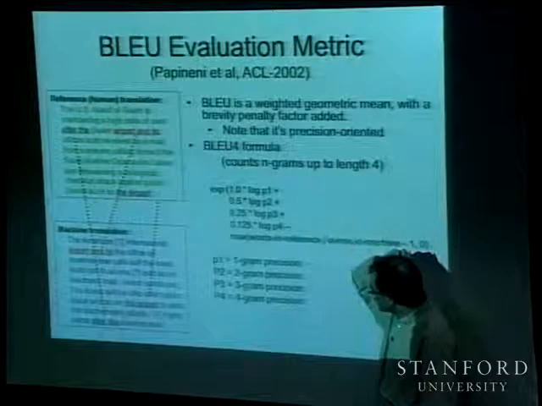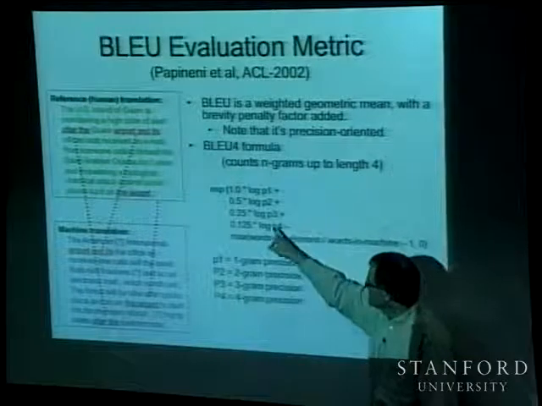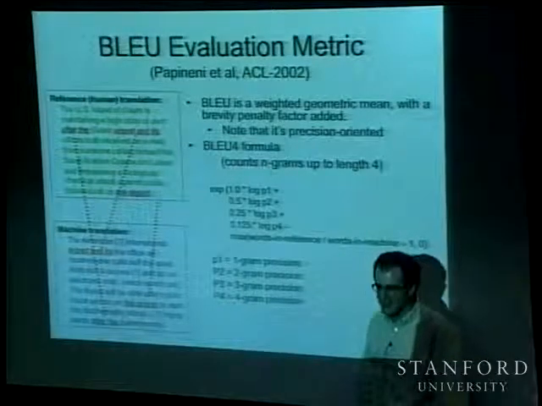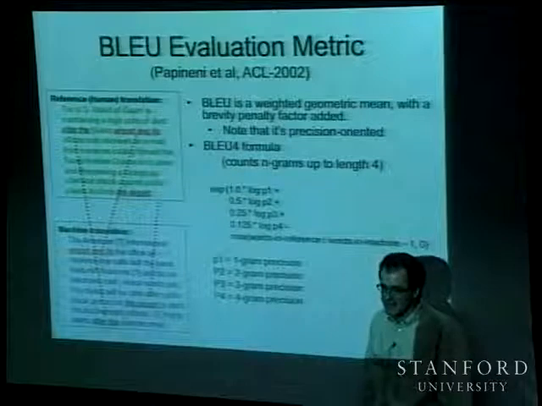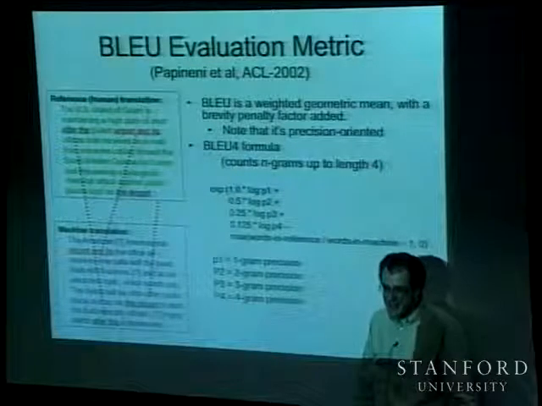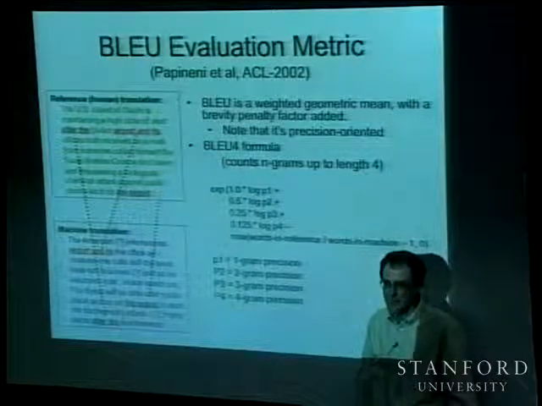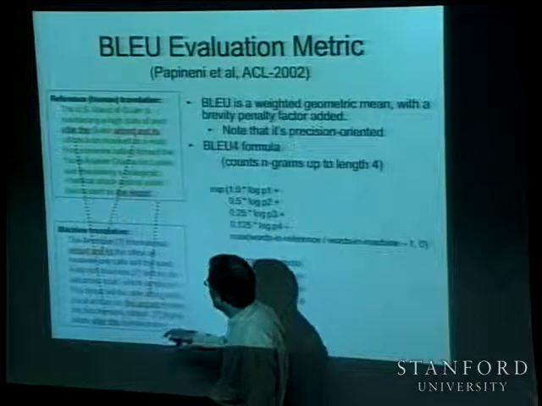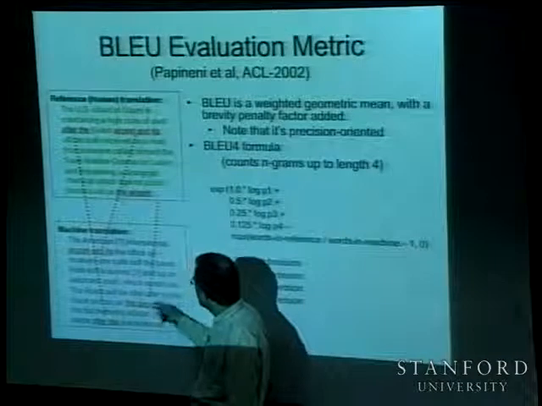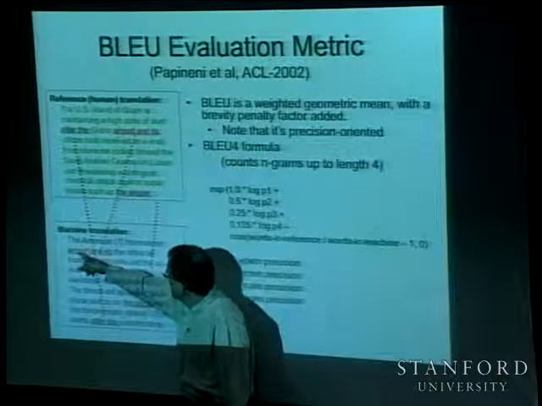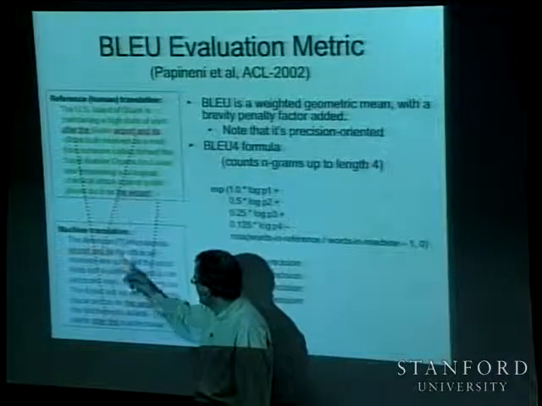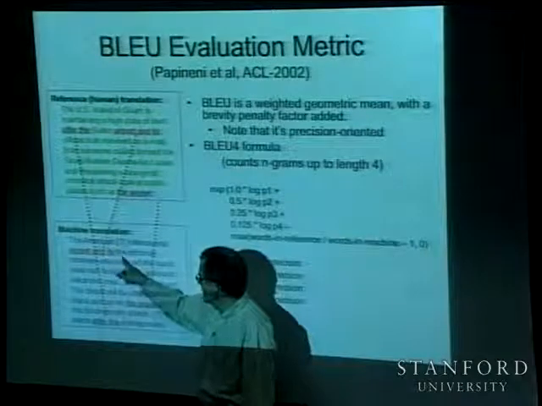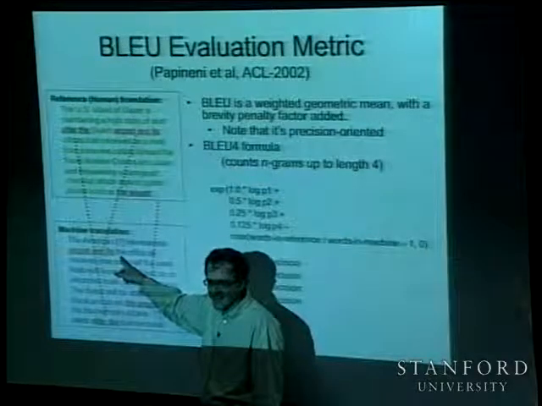I think the intuition is the following. You do want to give people credit for matching long n-grams, but at the end of the day, there's a lot of luck in whether you match long n-grams. This one matched airport and its, even though actually it messed up and put the there, which is ungrammatical, right?